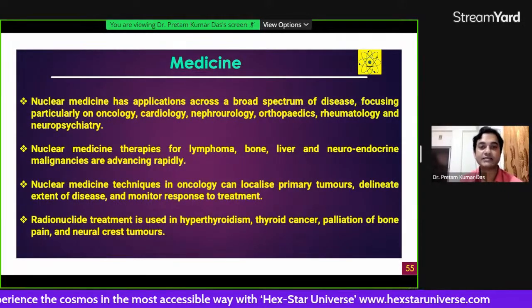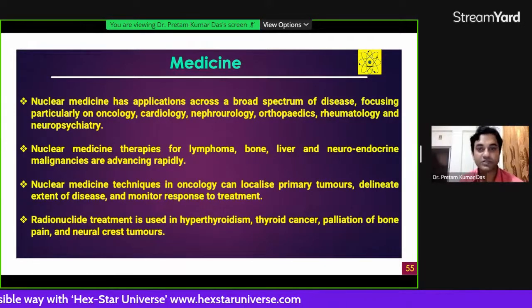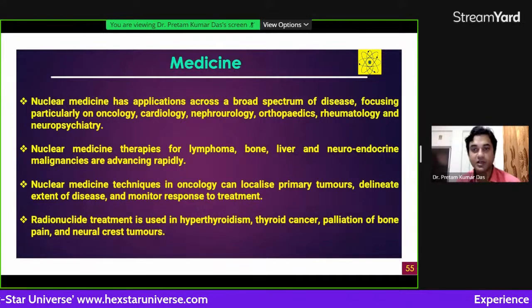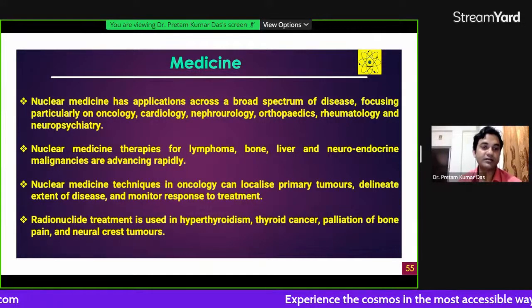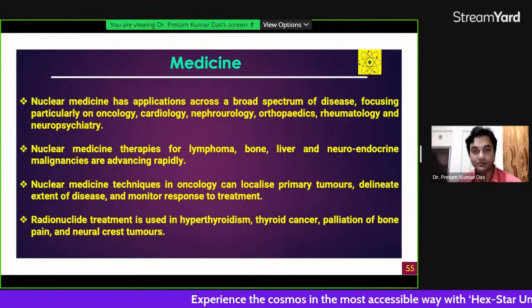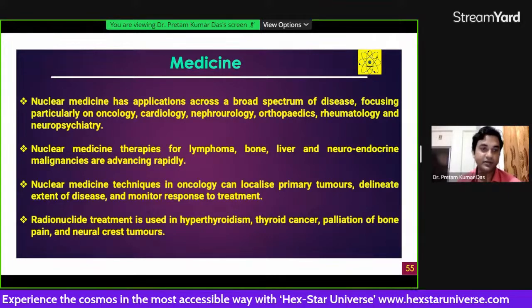Nuclear medicine has application across a broad spectrum of disease, focusing particularly on oncology, cardiology, nephrology, orthopedics, and neuropsychiatry, with nuclear medicine therapies for lymphoma, bone, liver, and neuroendocrine tumors, and so on.